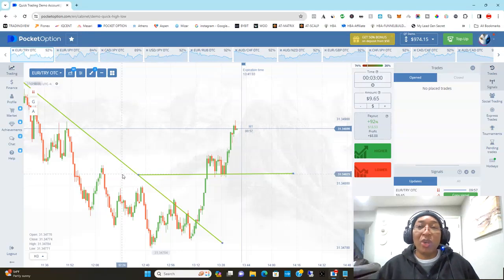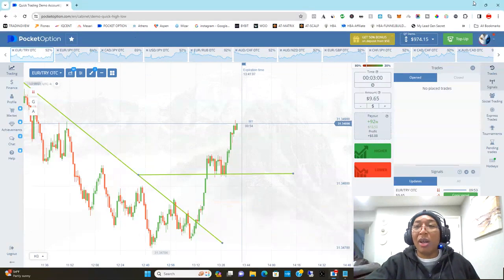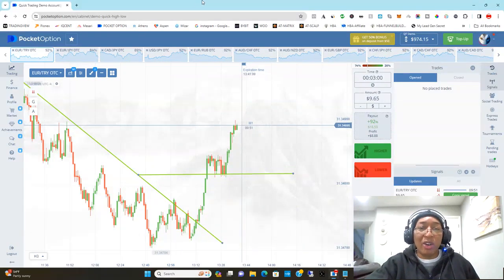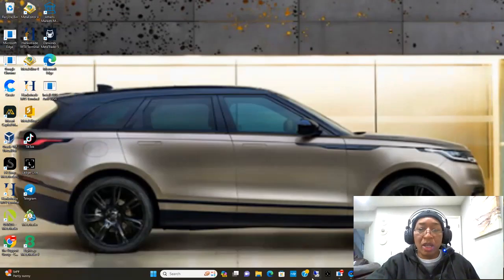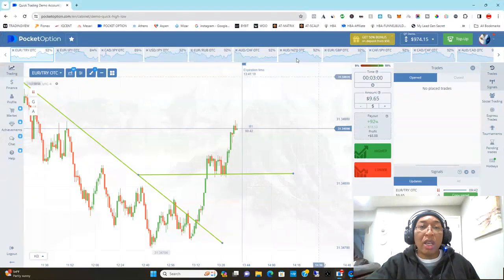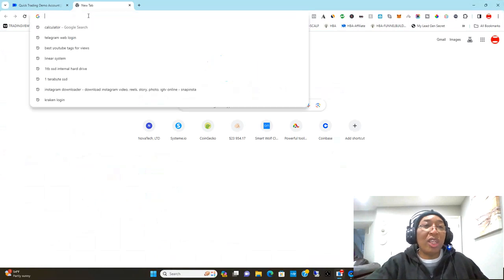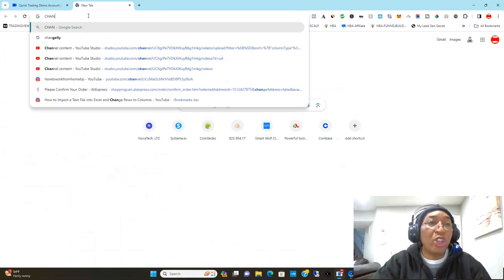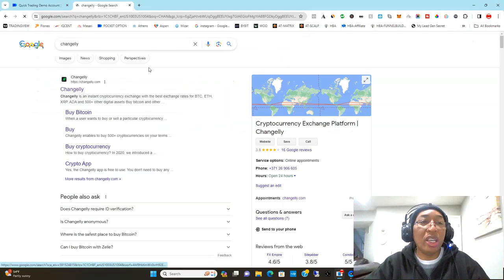So I'm going to just show you a quick example of what you can do. Okay. So I'm showing my student here. So I'm going to have her log in into her account, and let's see if we can find any of those tools that we're going to use. So one of the tools that you can use is called Changelly. Okay. So let's go to Changelly.